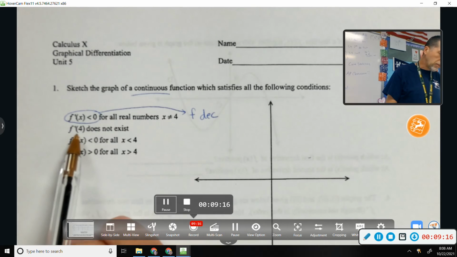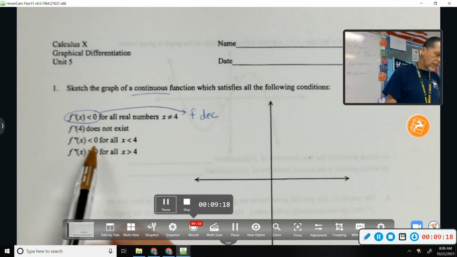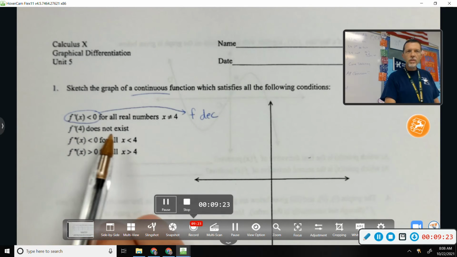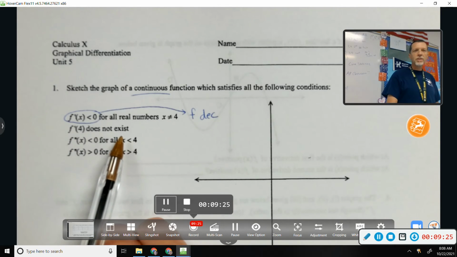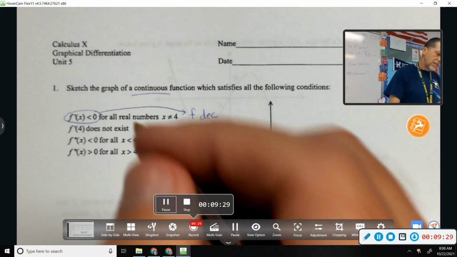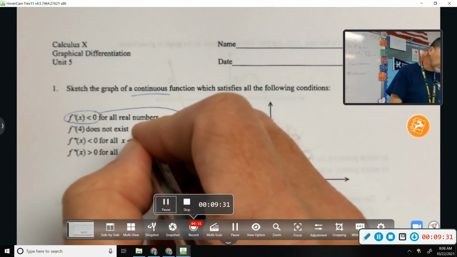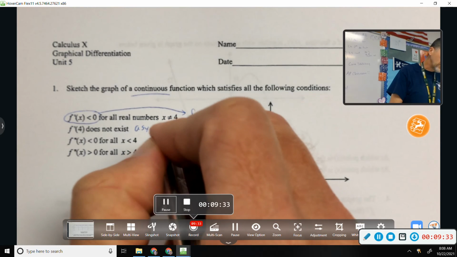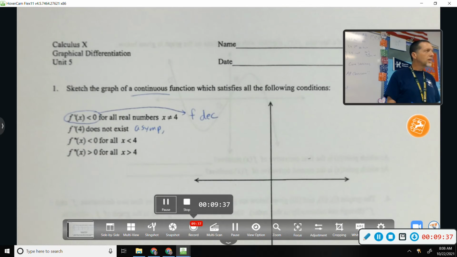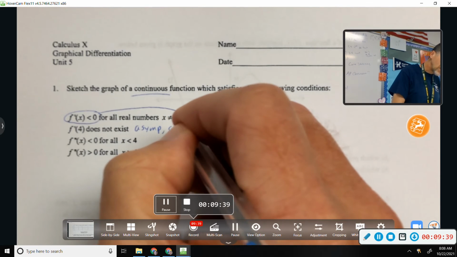Oh, f prime of 4 does not exist. Okay, if f prime doesn't exist, what are some cases that make a derivative not exist? Asymptote, that's one possibility. What else? Cusp. What else?